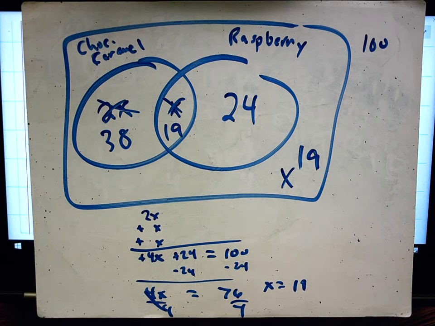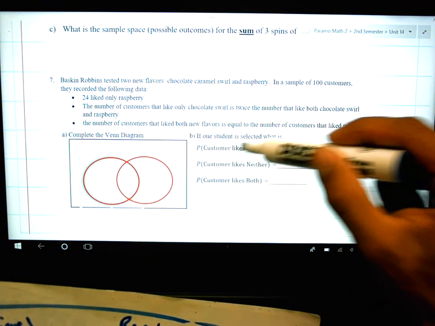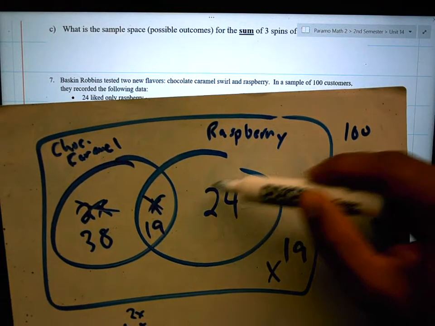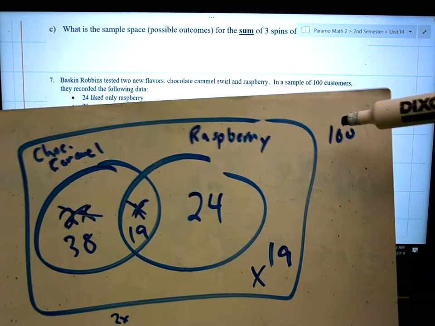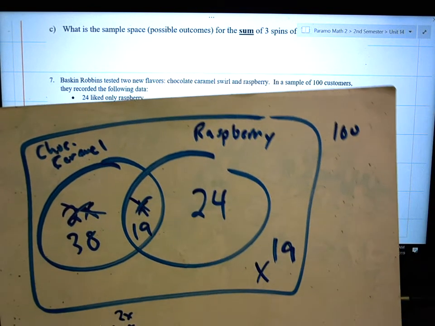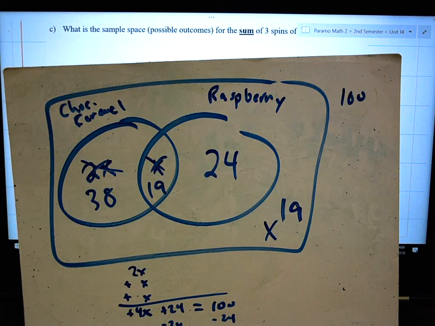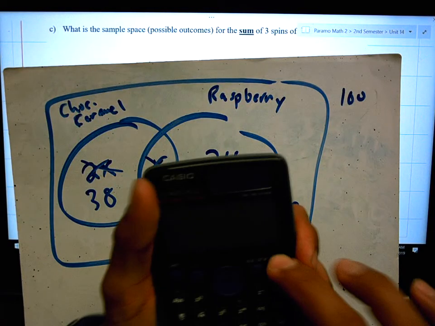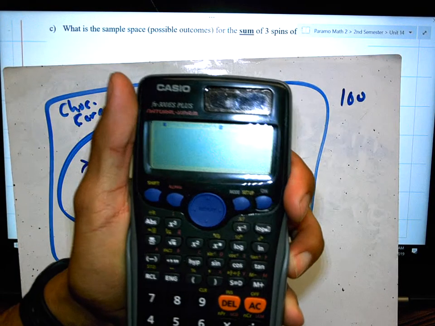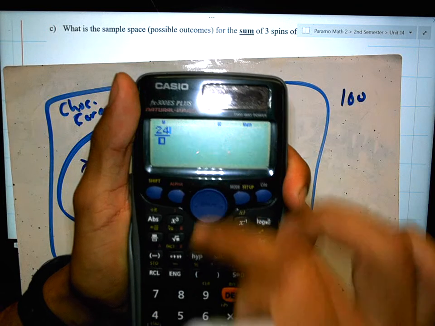Once you get here, then everything else should be easy on this question. A customer that likes only raspberry, 24 out of the total of 100. Put it in your calculator, put it to lowest terms. What I love about the calculators we use in this class is that it does fractions in lowest terms for you.